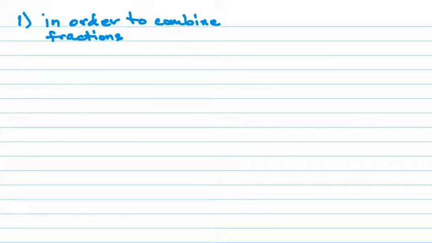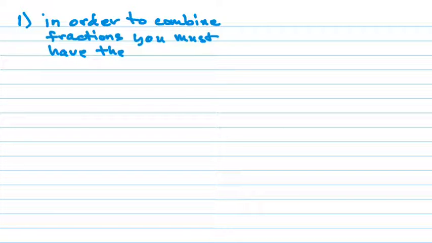Do you remember? It's at the bottom. That's the bottom number, but what do we remember about when you're combining? Yes, you must have a common denominator. In other words, those denominators, in order to combine them, they have to be identical.